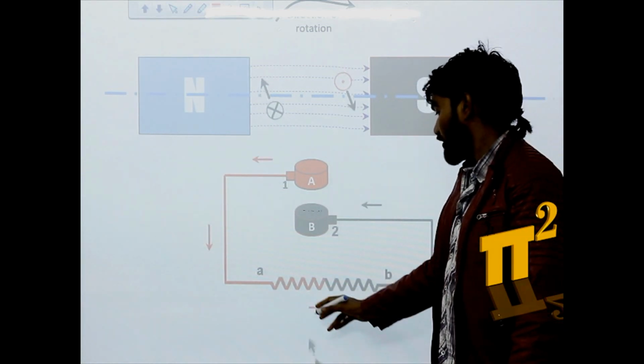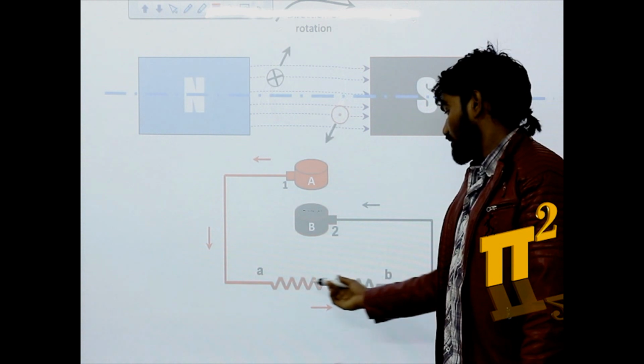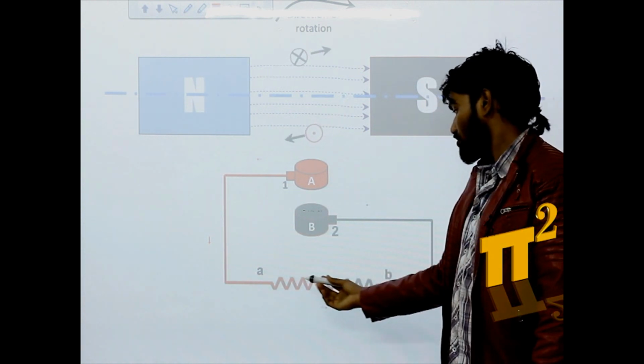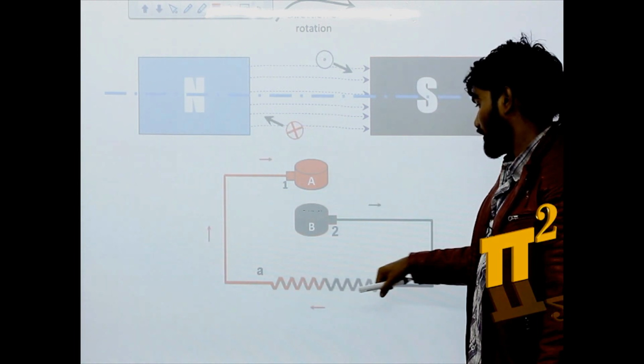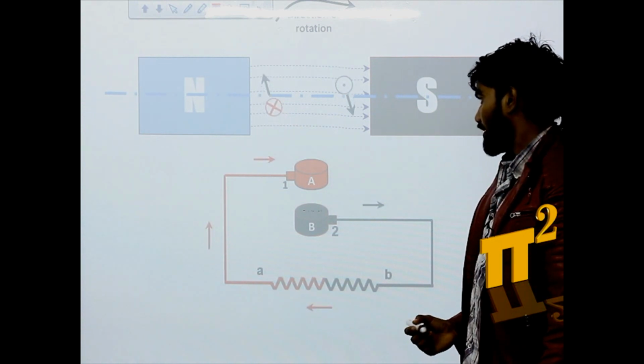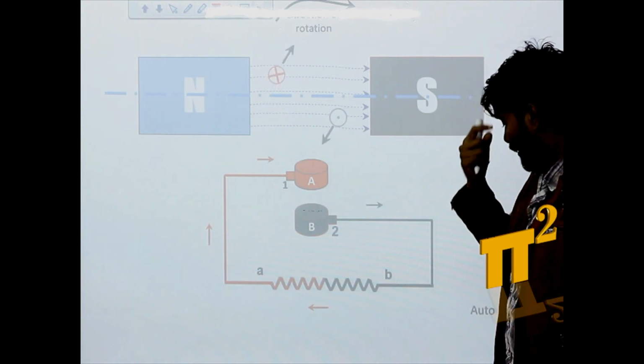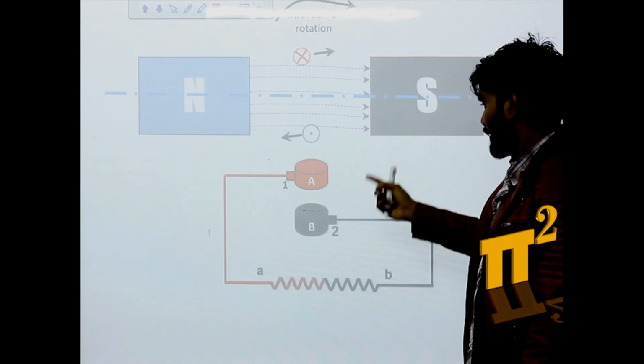Current direction is changing here. This direction, positive, negative, positive, negative. Means AC current is flowing through the load, though it is a DC generator, if we use slip rings.